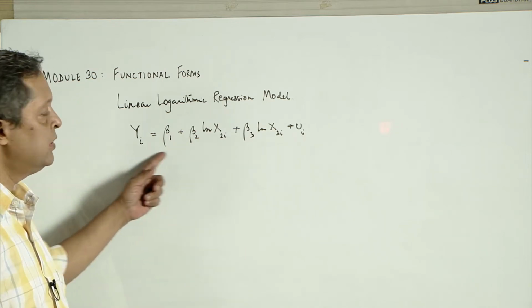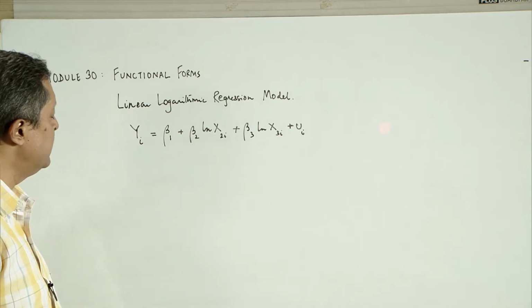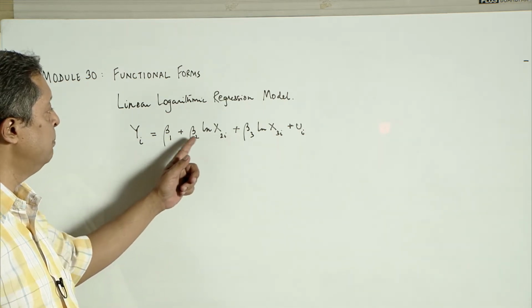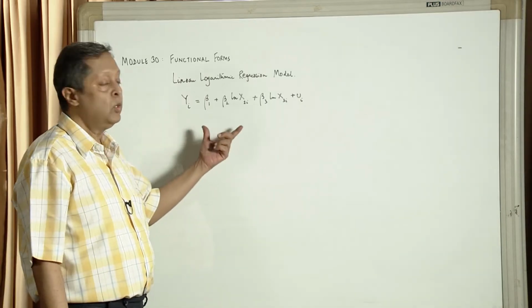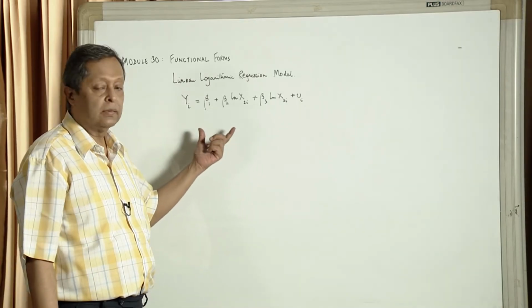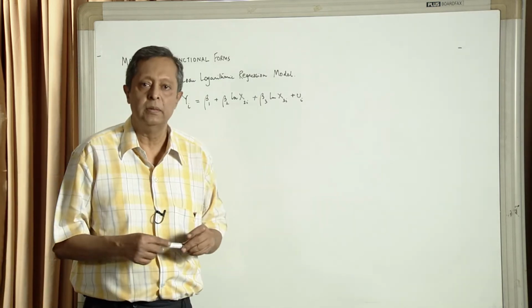Obviously, this is not linear in x2, x3 and y, but it is linear in the parameters beta 1, beta 2 and beta 3. Question is, when do we use such a model and why are these models important? So, let us take an example.